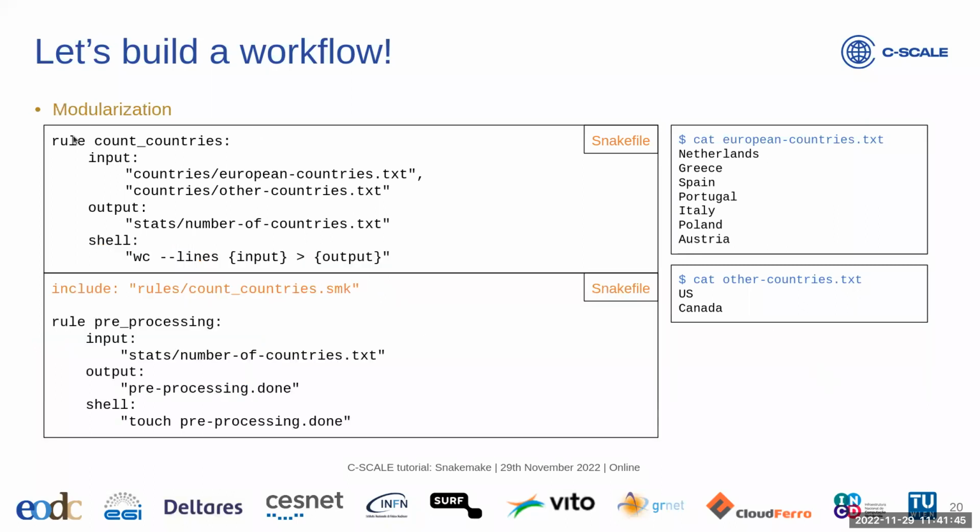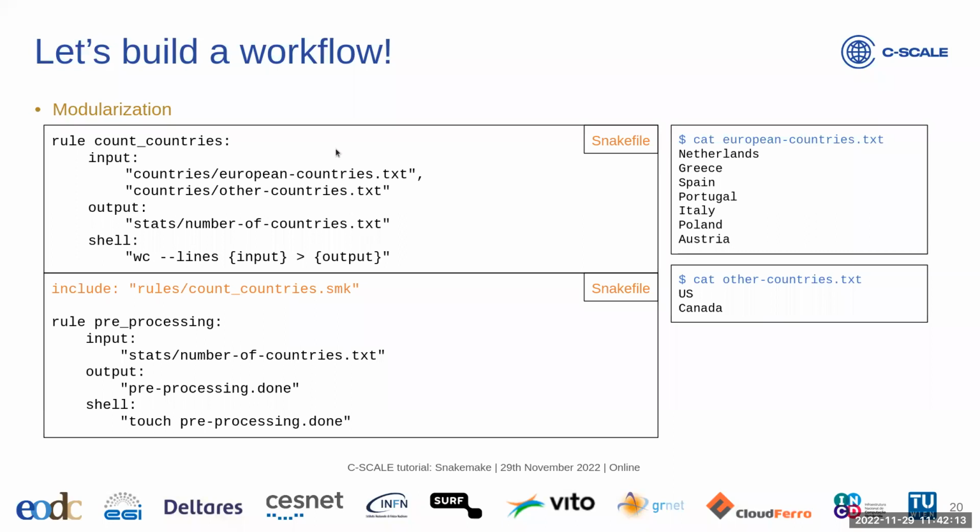The other thing that I find very useful is that you can modularize your rules into different files. When the workflow starts to grow quite a lot, you can put different rules into different files and into different folders. So for example, at the top, I have the count countries rule again.